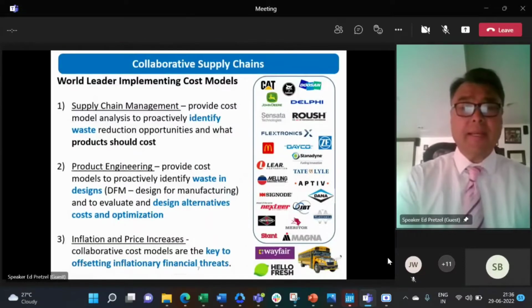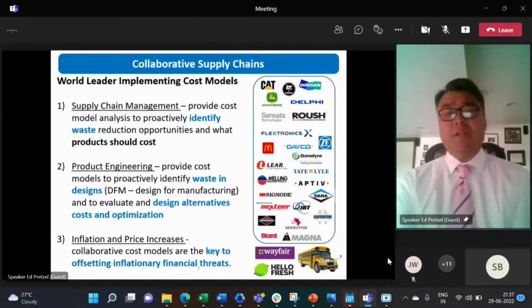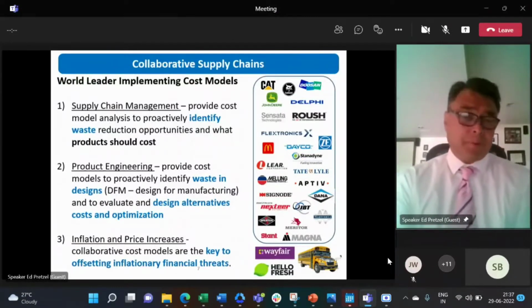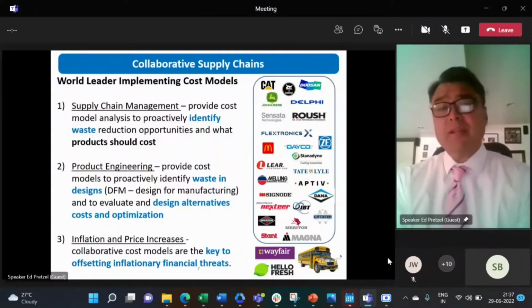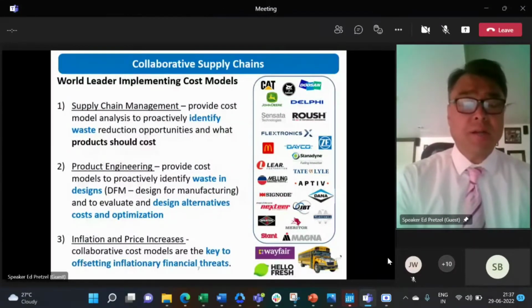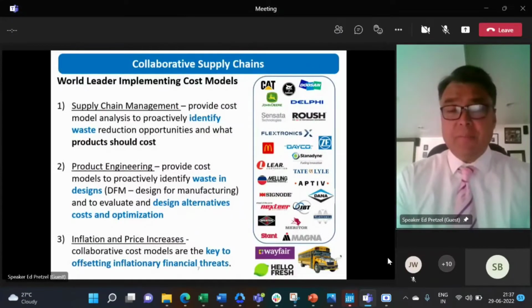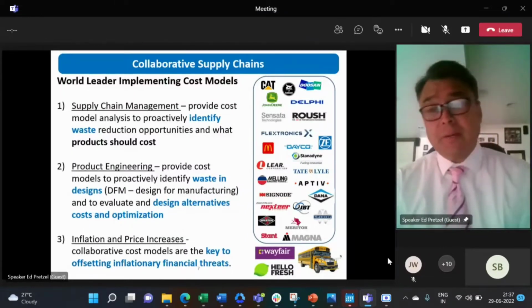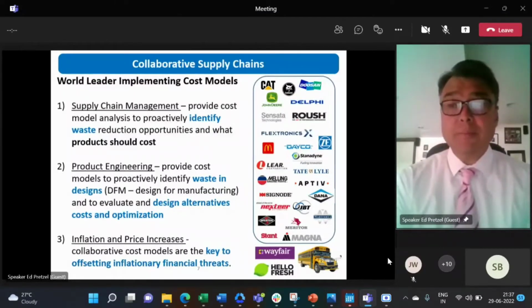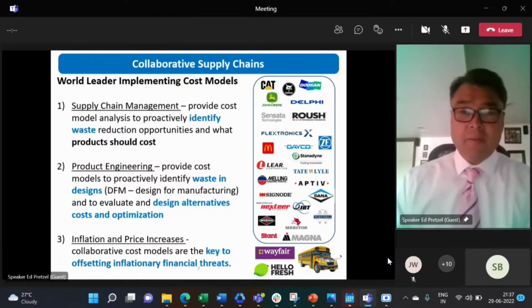We're a company dedicated to the implementation of cost models. Most of our work is done with supply chain management organizations, where we proactively identify waste reduction opportunities and help supply chain management know what products should cost. We also support product engineering. We provide them feedback on their designs, with a strong focus on DFM, design for manufacturing, to help product engineering make good business decisions right up front in the product development process.